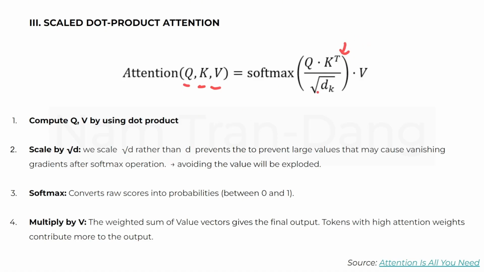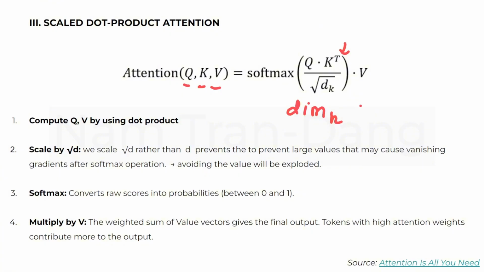I will discuss that later. If we compute Q and K, we need to scale it, because if not, the values will explode. So we scale by the square root of d_k, which means the dimension of the key. Here we might ask the question: why do we not scale by the dimension of Q or V?